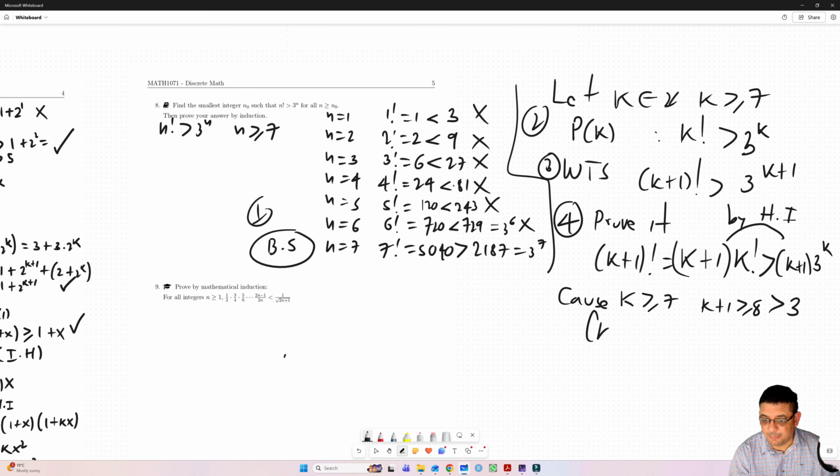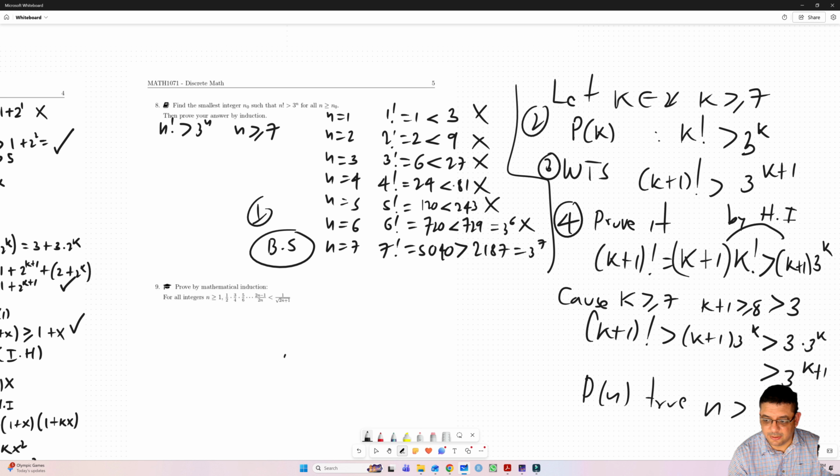So this means that k plus 1 factorial is bigger than k plus 1 times 3 to the k, which is bigger than 3 times 3 to the k, and so that's bigger than 3 to the k plus 1. So we just proved that k plus 1 factorial was bigger than 3 to the k plus 1, and we just showed what we wanted. So P of n is true for n bigger than 7 by the principle of mathematical induction.